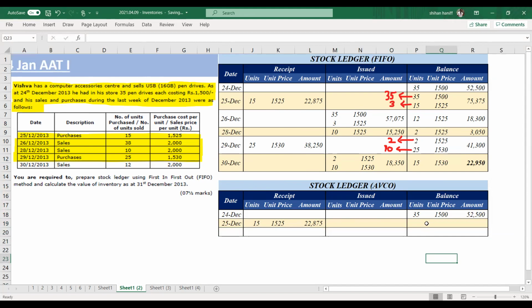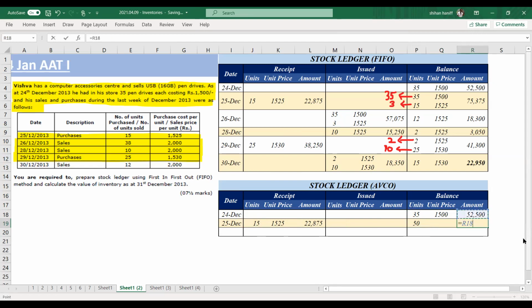Then when you are writing the balance, you don't need to show the balance separately like FIFO. Here we can take the average price. So what is the total number of units? 35 plus 15, so the total number of units will be 50 units.